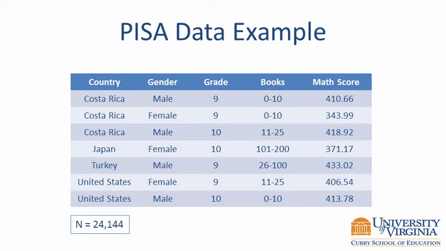In each administration, 15-year-old students are tested in reading, mathematics, and science. There are also background questions that ask about an examinee's home, family, and school characteristics. Examples in this session use data from the 2012 PISA mathematics exam and background questions. Data involved 24,144 examinees from 64 different countries.